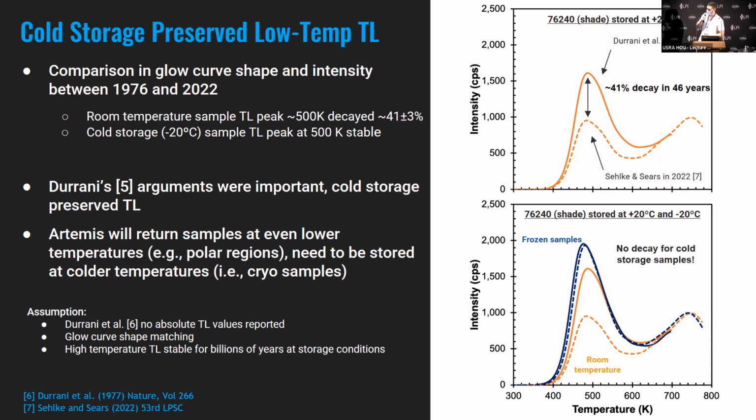And now the new data, shown on the bottom right, is that if we keep that sample frozen, in that case at -20 Celsius, which is roughly the temperature at which it was stored on the surface of the moon, compared to the measurement then, we see that there's no decay. That really proves the point that the TL follows the rules that were laid out in the 50s in these samples from the moon.